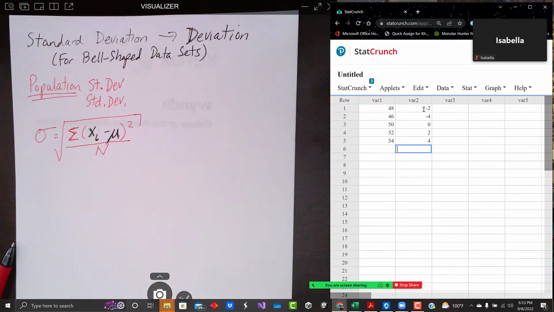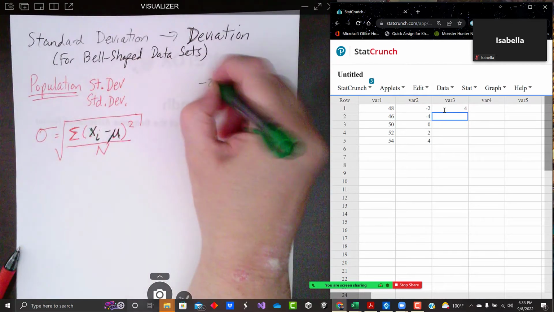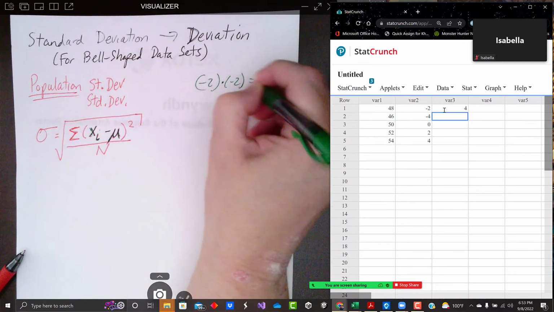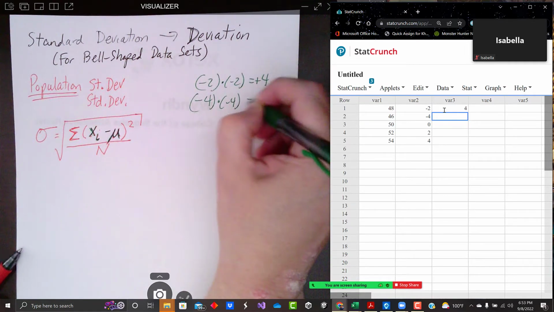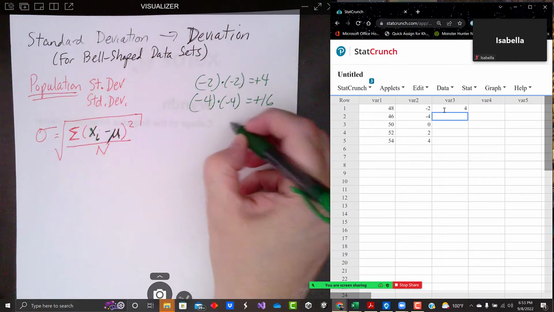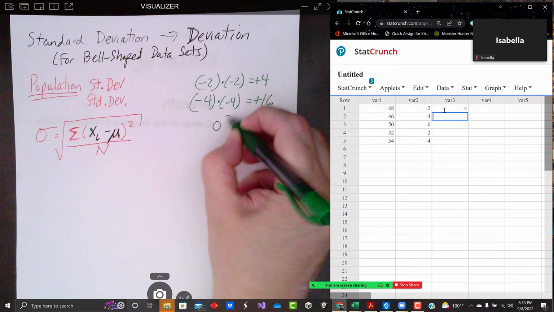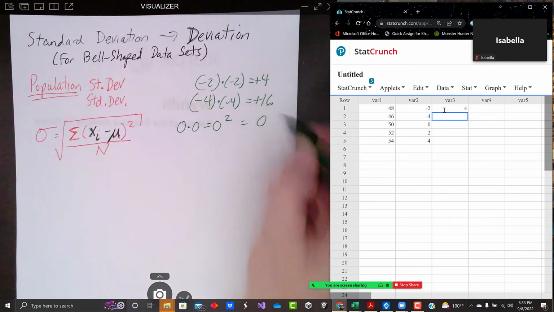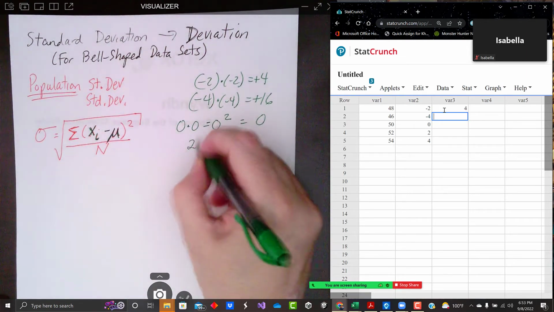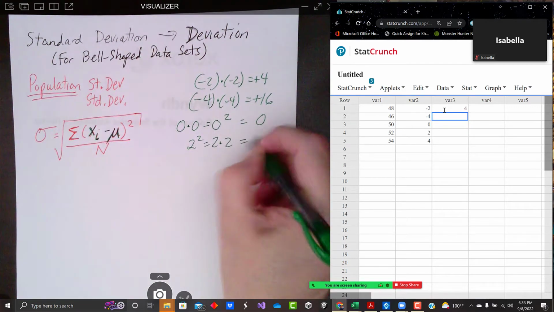Then we have to square each of these values right here. So negative 2 times negative 2 is 4. The negatives cancel. Negative 4 times negative 4 is positive 16. 0 squared, that's what the square means, 0 times itself is 0. 2 squared is 2 times 2 is 4.